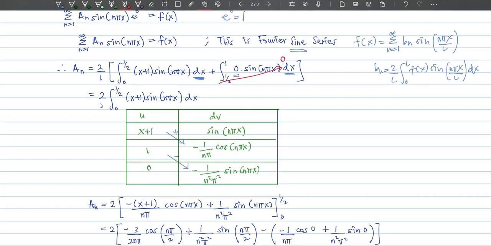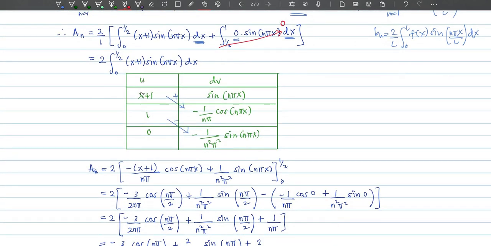And a_n is equal to 2 integrate from 0 to half (x plus 1) times sin(nπx) with respect to x. Since we need to do integration by parts, we do a tabular integration because it will be simpler for us. Here we let u equal to the algebraic function, which is x plus 1. For this part you need to differentiate, and for dv you need to integrate.